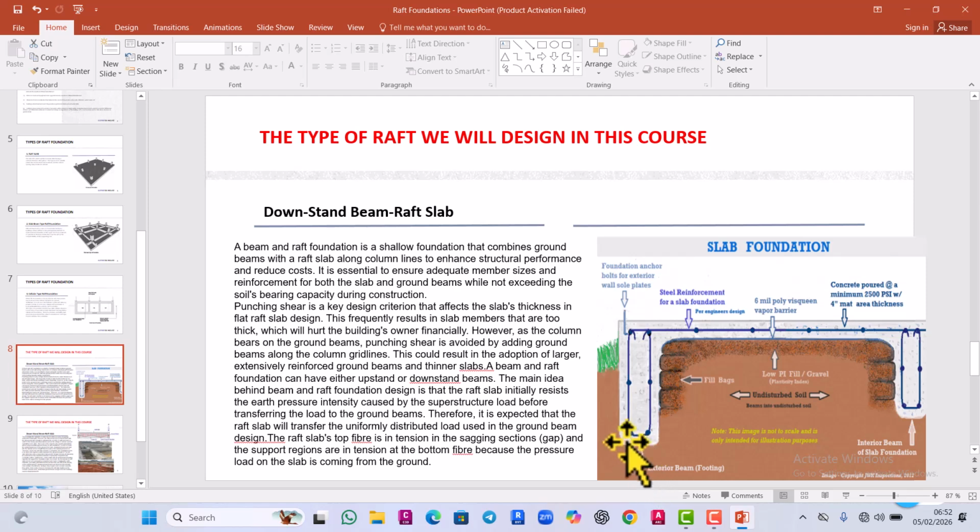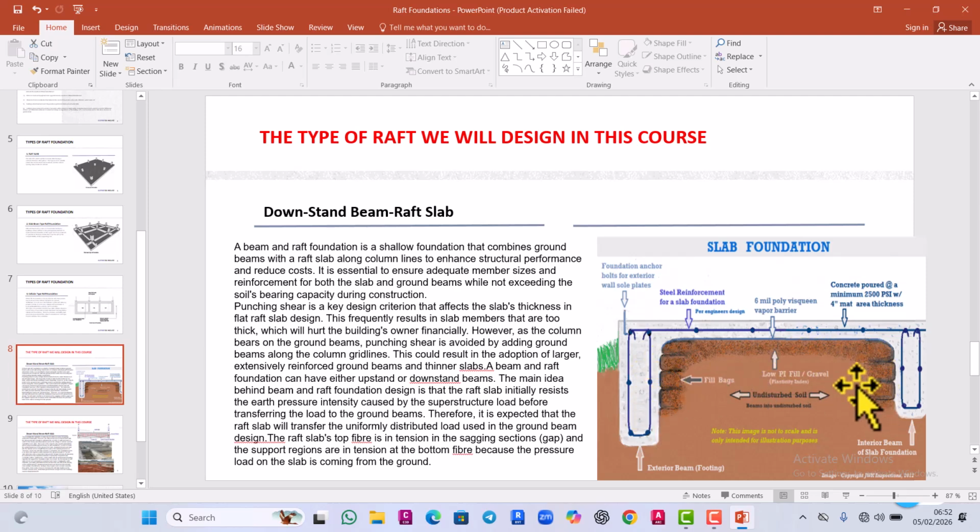But in the downstand we have the beam first, before the slab, and over it we have a compacted earth fill. What I mean by earth fill is, when you're constructing your normal buildings, after you have come up above natural ground level, you have to backfill before you can do your oversite concrete, right? The same thing happens here. That's what we call the fill.